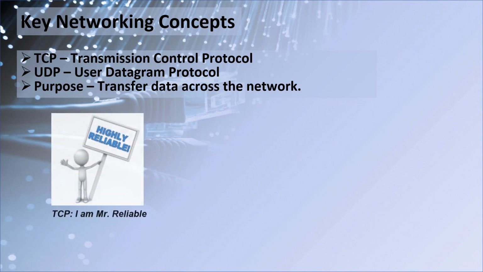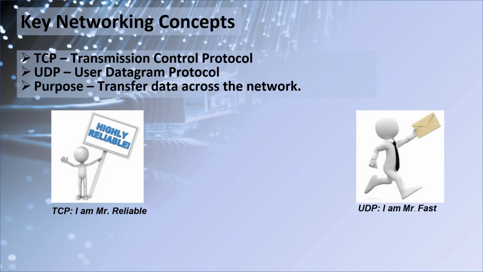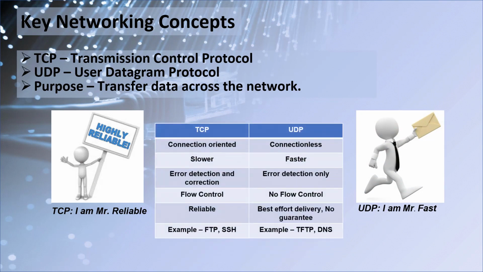Now TCP is a connection oriented protocol and it's reliable. UDP is a connectionless protocol, but it is faster if we compare it with TCP. TCP is connection oriented, and that's the reason it is a bit slower, because it needs to establish the connection with the other end first.